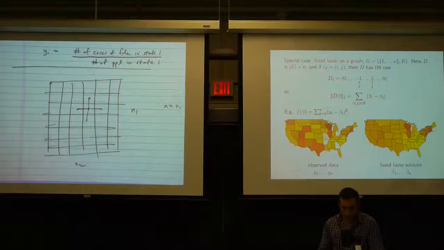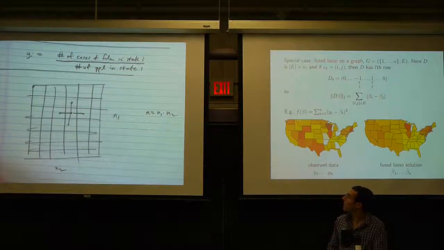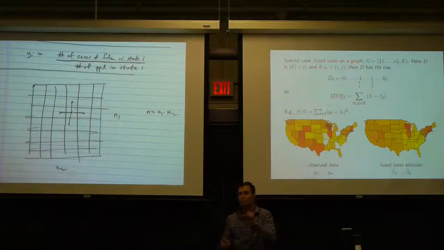So the graph is going to have approximately 2 times n edges, because for every point I can just think about joining an edge to the one to its north and to its east, and that way it won't be redundant.